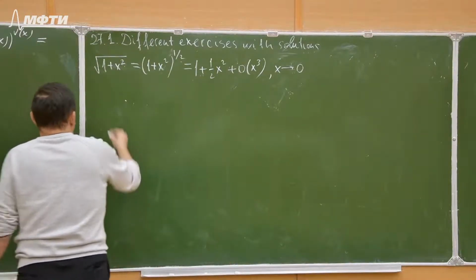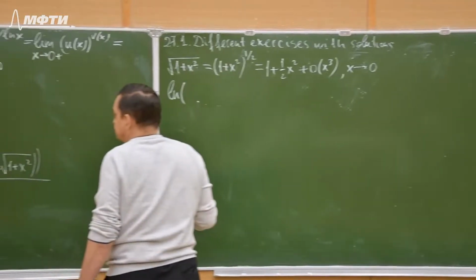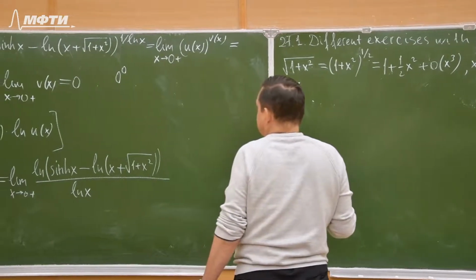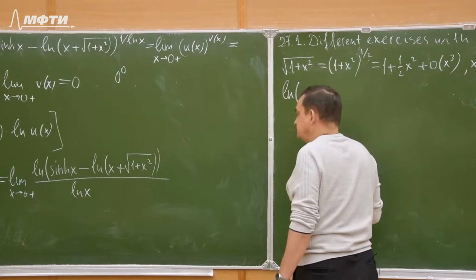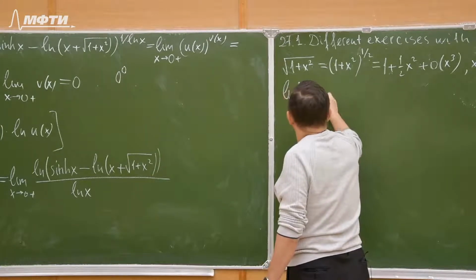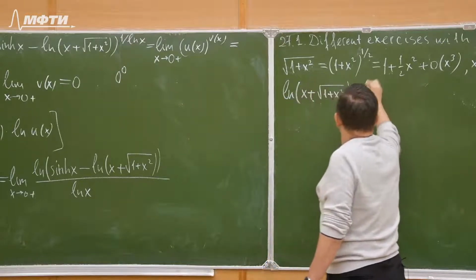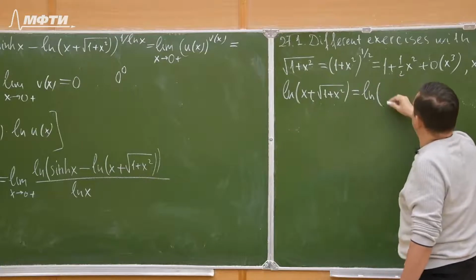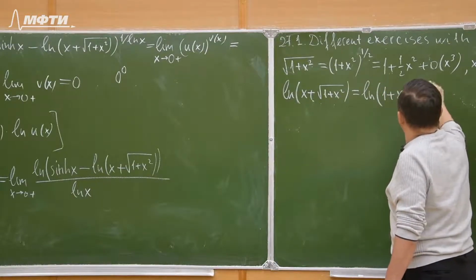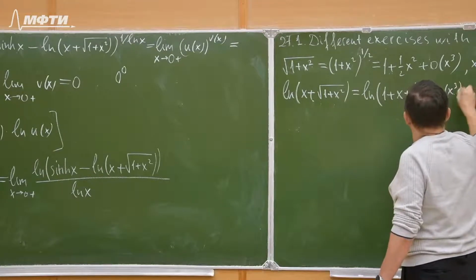Then the logarithm of x plus square root of 1 plus x squared. If we substitute, then we have 1 plus x plus 1/2 x squared plus little o of x cubed.